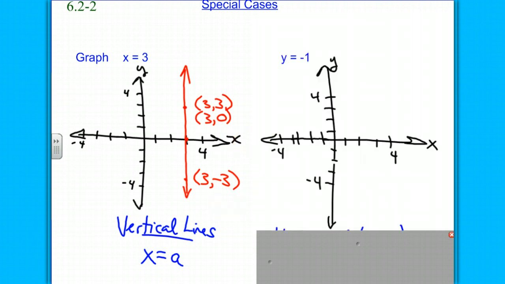Okay, so let's try it with the y. Y equals -1. If we start at 0, 0, Gabe, where do we go to find a y value of -1? When we go to y is -1, do we go left, right, up, or down?